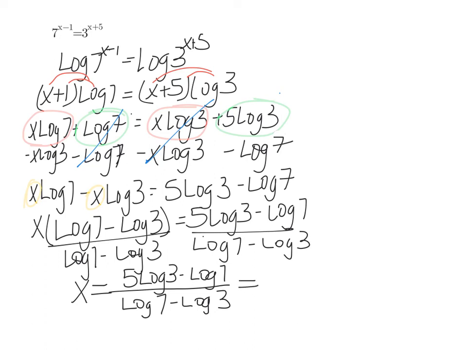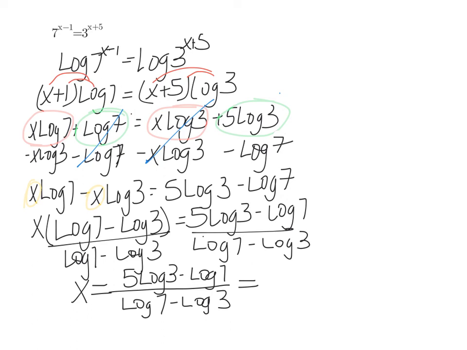Now when I plug this in my calculator, I highly recommend evaluating the numerator first, writing that down, and then dividing. I find it's easy to make mistakes when you're trying to put this large of a problem in your calculator.